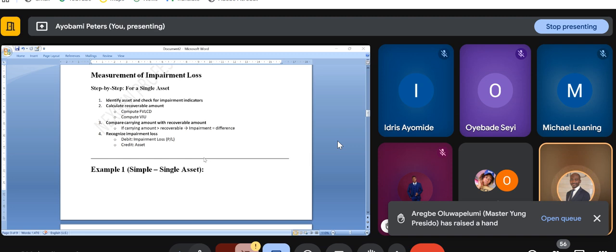If it is the first time that you are carrying out an impairment on an asset, you should know whether there is a revaluation surplus for that asset as at today.